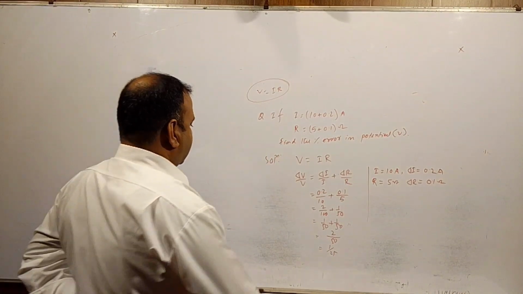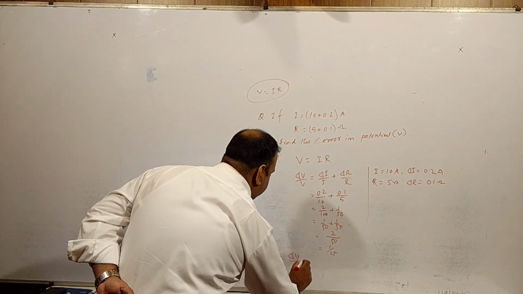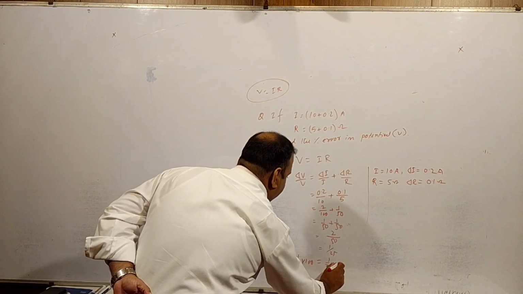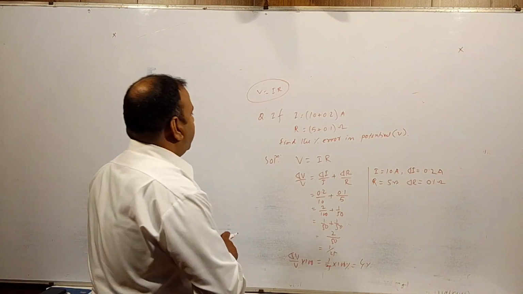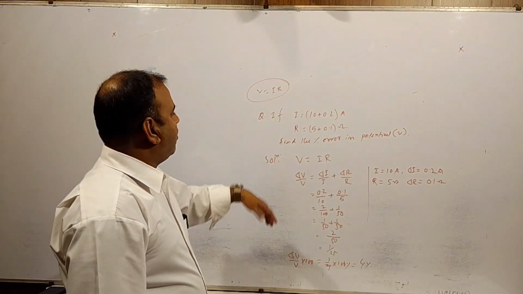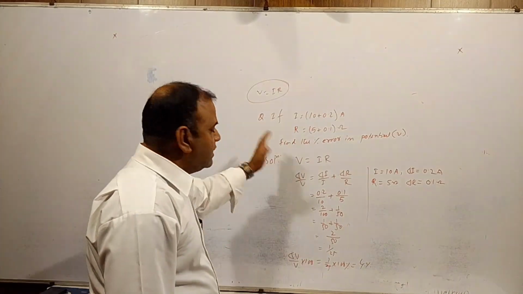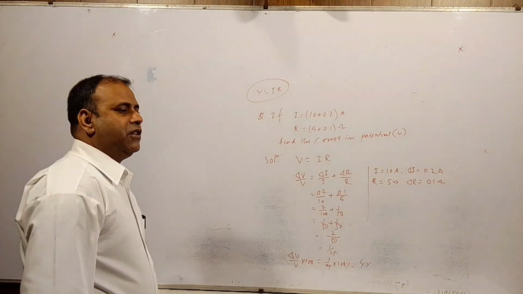Now multiply by 100: therefore delta V by V times 100 is equal to 1 by 25 times 100 percent, which is 4%. So the percentage error in potential will be 4%.